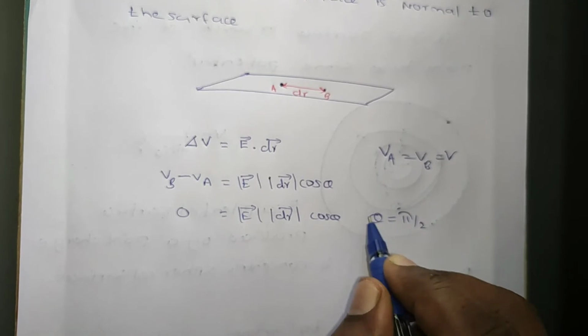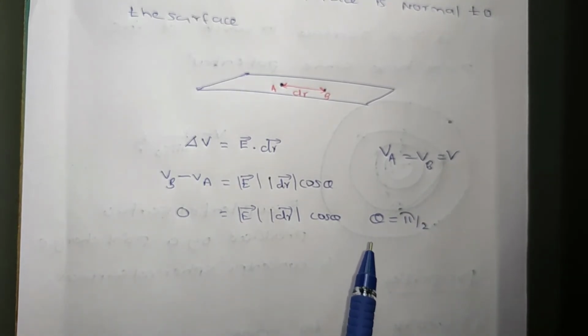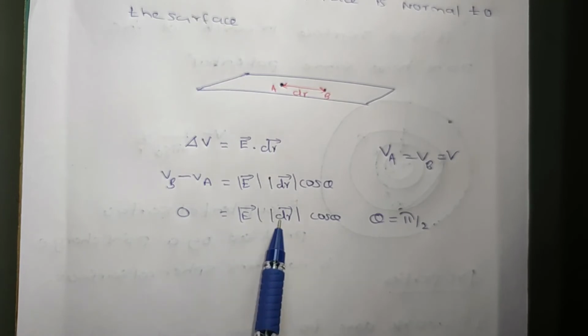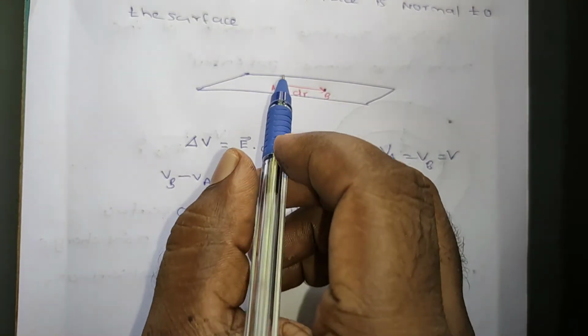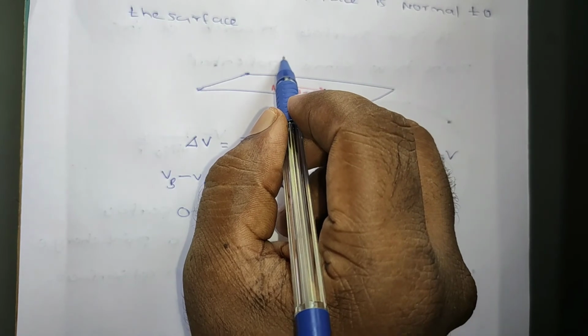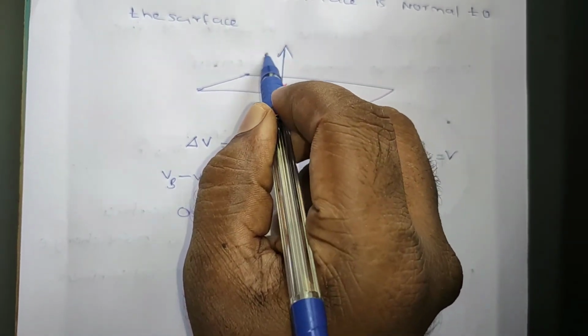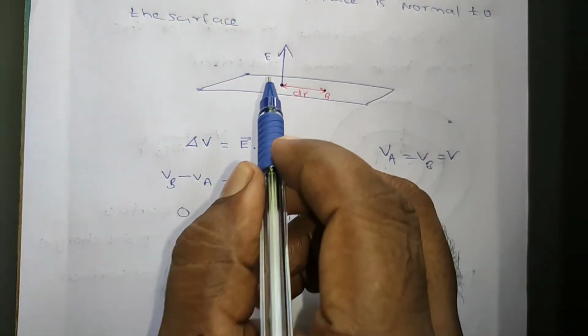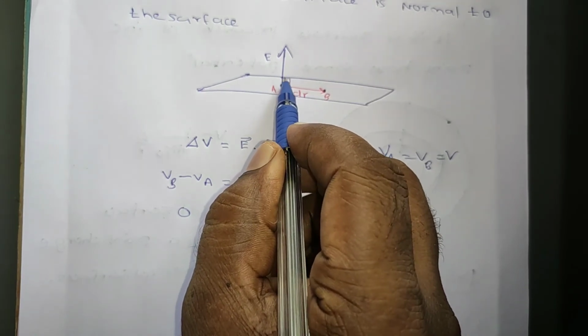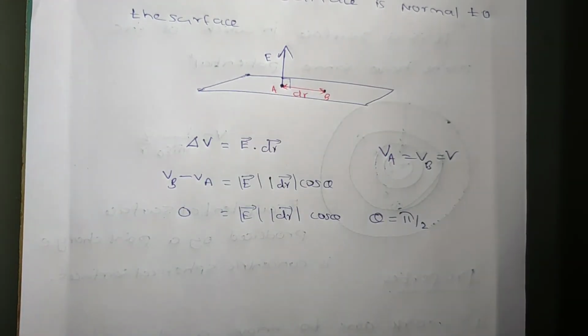If theta is pi by 2, the work done is 0. What is theta? Theta is the angle between the electric field and dr. So I can draw the electric field at this point like this. The angle between this and the surface is 90 degrees. Clear? So this is the second property.